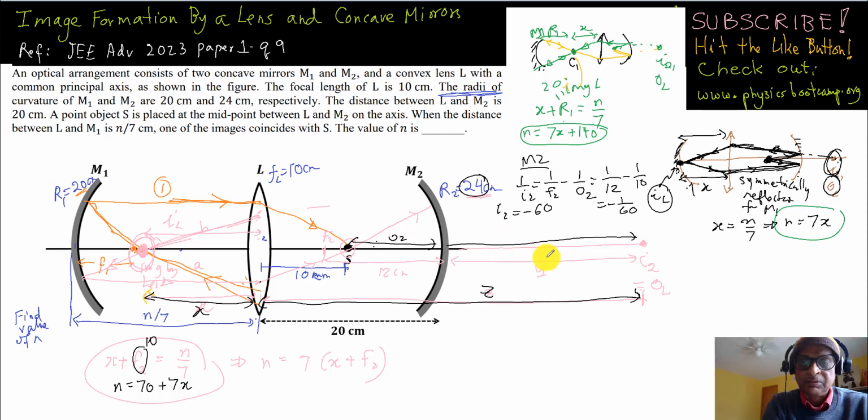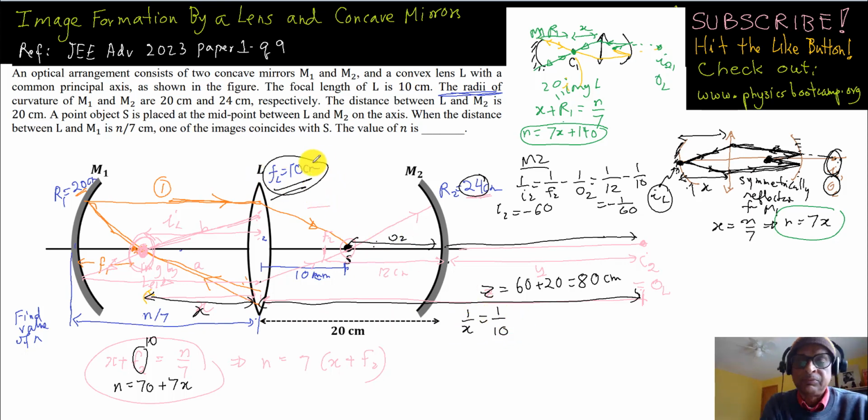So Z is equal to 60 plus 20, and F is 10 centimeters, very easy to get X. 1 over 10... 80. So X equals 80 over 7.